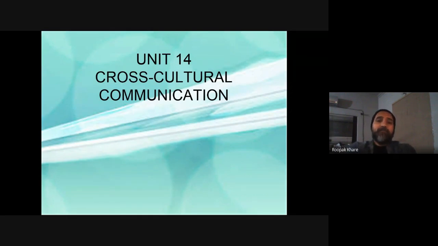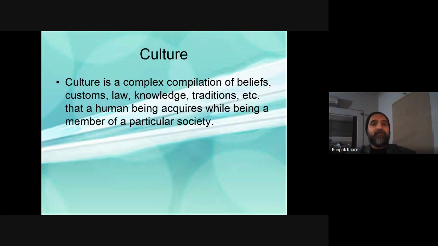And coming on to unit number 14. Now, this is again very, very important, cross-cultural communication. Before we understand what cross-cultural communication is, we need to understand what culture is. Now, see, culture is a very complex idea or notion because culture contains a lot of things. When you say culture of a country, what are you referring to? You are referring to the way people live, right?